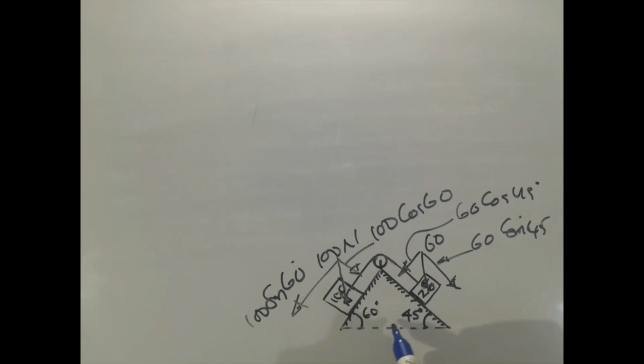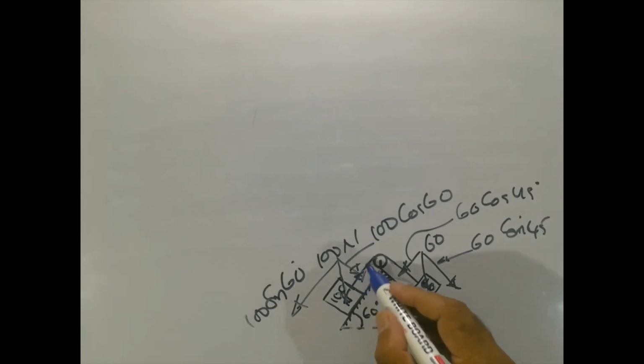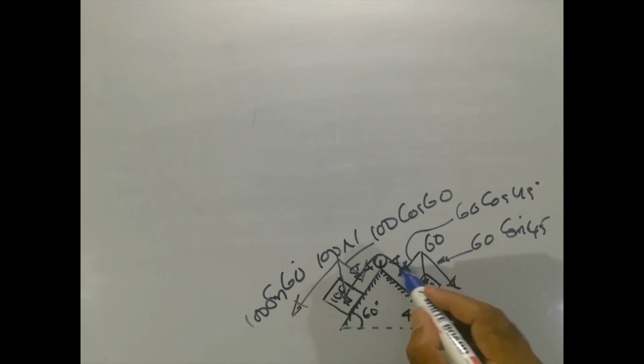Now we have to consider the normal reaction, and as the frictional coefficient is given, that is, the planes are given to be rough, we have to consider the frictional force also. So applying these conditions, we have to find the acceleration and tension in the system. The tension will be the same on both sides of the string. Why is it so?